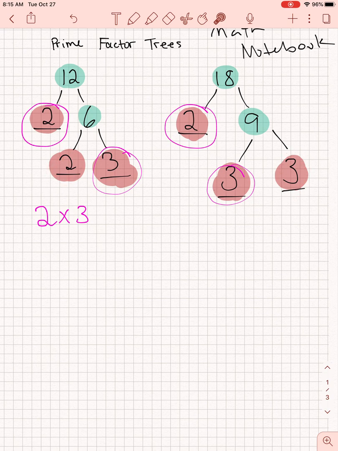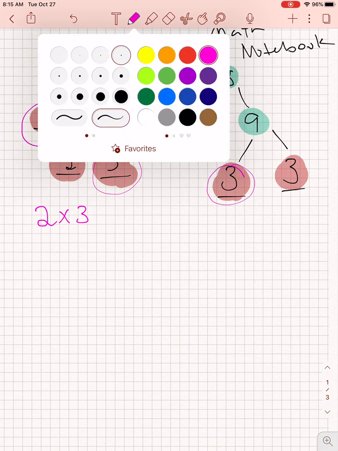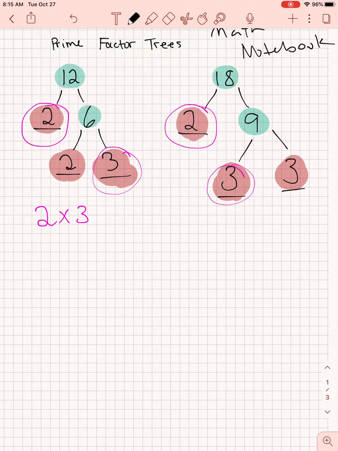That is not a pair. They're not the same number. So I'm not going to circle them. And I have 2 times 3 equals 6. What that means is that 6 is the biggest factor. Remember, a factor is a number I can divide by. 6 is the biggest factor of 12 and 18.